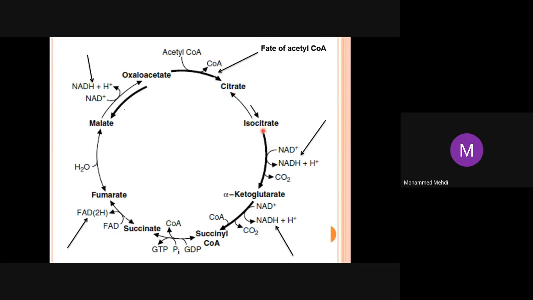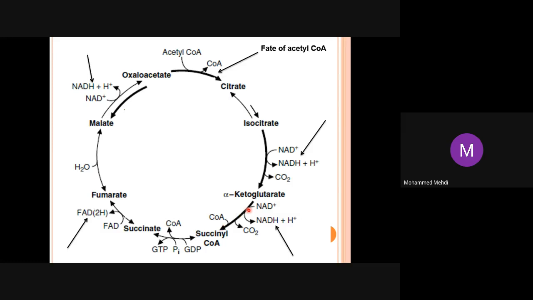The first oxidation occurs converting isocitrate to alpha ketoglutarate, catalyzed by isocitrate dehydrogenase enzyme. It is the first oxidation process, and one of the two carbons from the acetyl-CoA is removed in this oxidation process. The next step is the second oxidation.